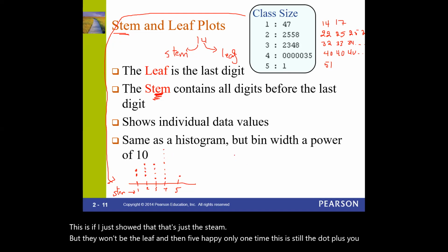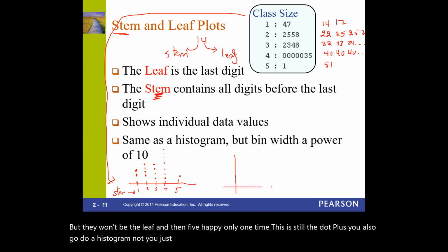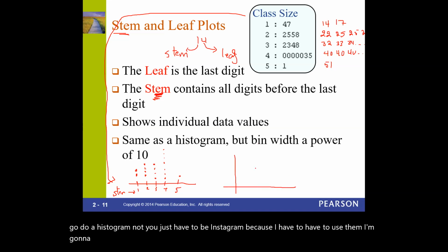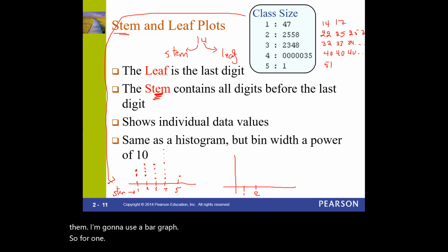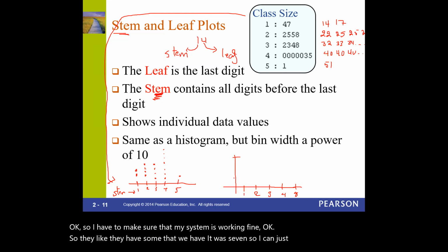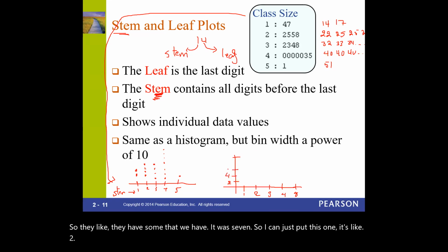You can also do a histogram. It doesn't have to be a histogram, I'm going to use a bar graph. So for 1, 2, 3, 4, 5. I have to make sure that my system is working fine. The highest number that we have is 7, so I can put the scale like 2, 4, 6, 8, something like that.